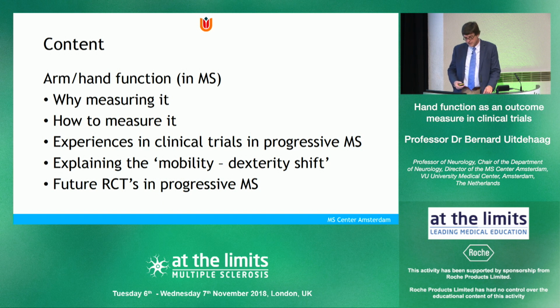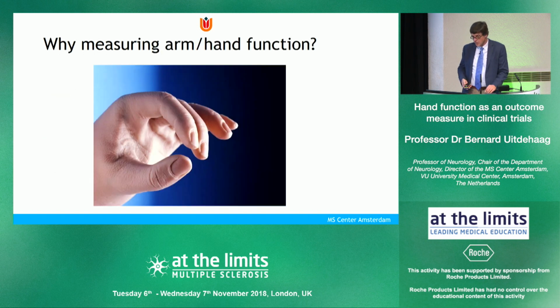So the first thing is why measure arm and hand function? Well, it's probably not that problematic to think about the importance of it. I hope you all had a wonderful lunch, and if you realize yourself that you're wheelchair bound having lunch, then you probably would have had a nice lunch.